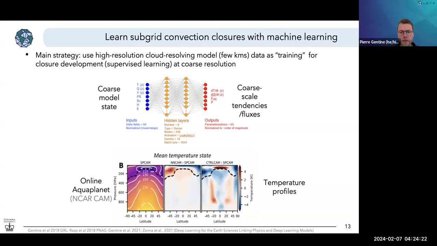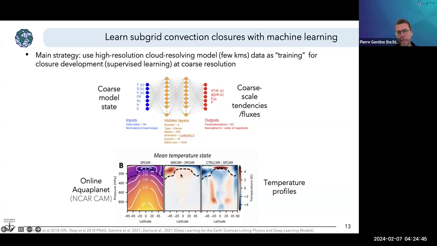The main take home is, if you look at the bottom here, this is the mean temperature state across different latitudes in an online setting. In that case, there's no real geography, just purely ocean. We could actually do a very good job at predicting the latitudinal and zonal temperature response compared to this high resolution simulation.